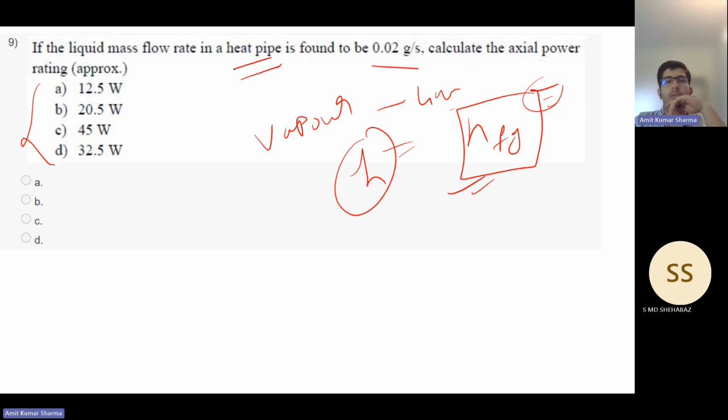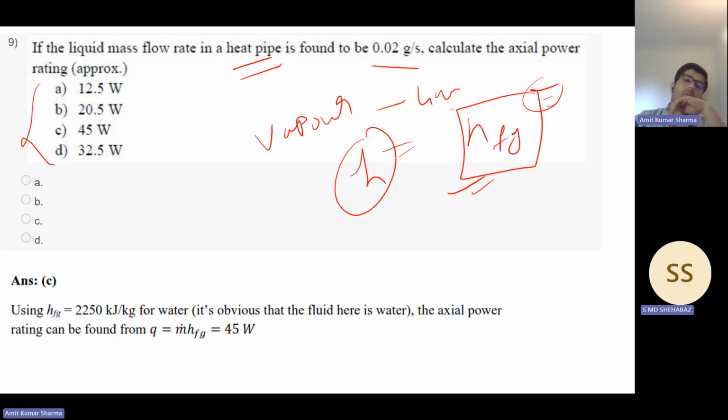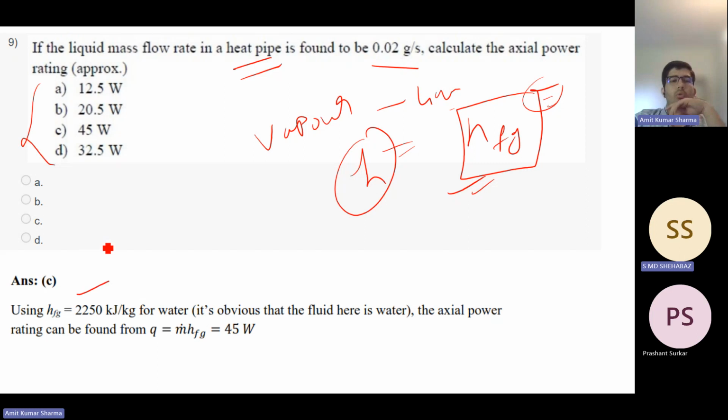Okay, it's very simple actually. So you know the HFG for water is 2250 kilojoule per kg. It's obvious that the fluid here is water. We have considered water here. I have also mentioned it in our hint. So you can find out this value.